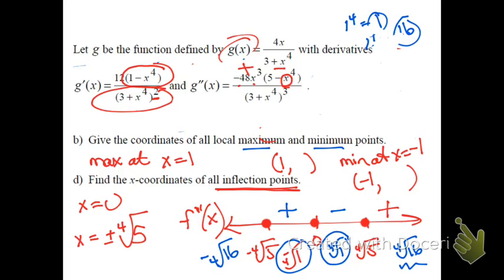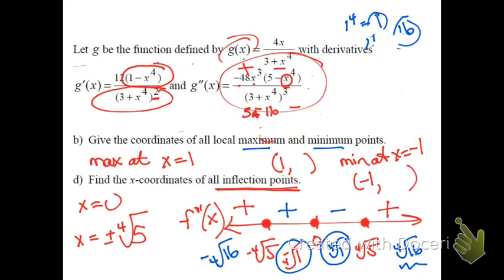And here, this would be 3 plus the fourth root of 16 to the fourth is 16, but that's a minus in front of it. So that's going to be 3 minus 16. So that's a negative cubed, which is still a negative. So that's 2 negatives altogether, which makes a positive.